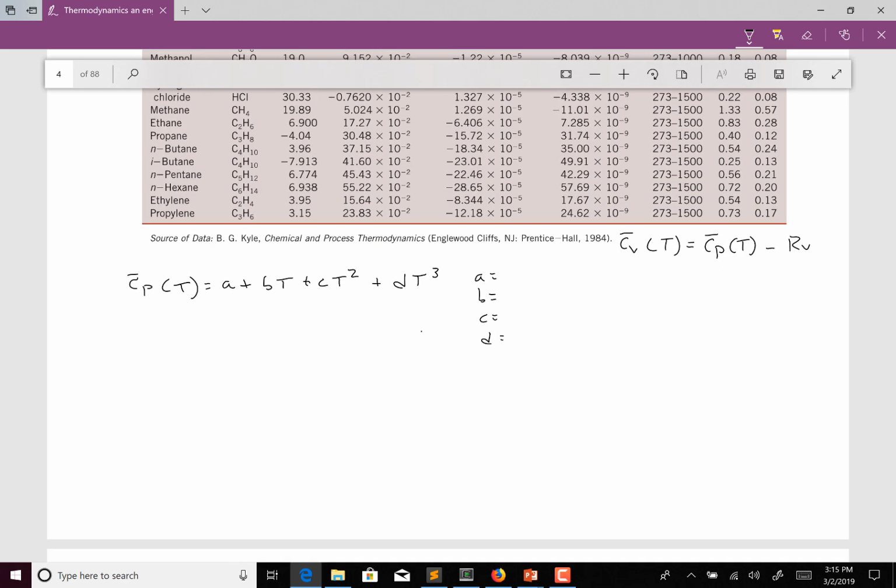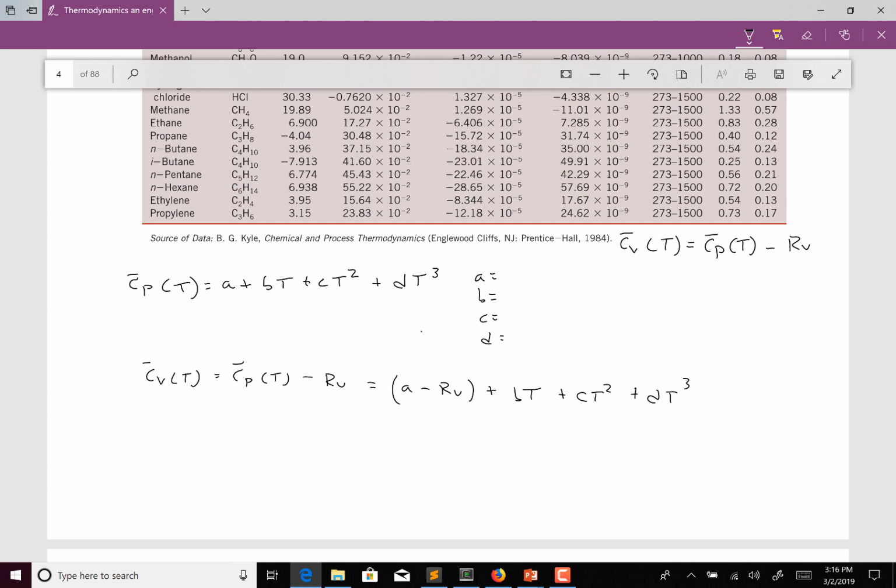We also know that C sub V of T, which is what we want, is equal to C sub P of T minus the universal gas constant. So this is equal to A minus R sub U plus BT plus CT squared plus DT cubed.